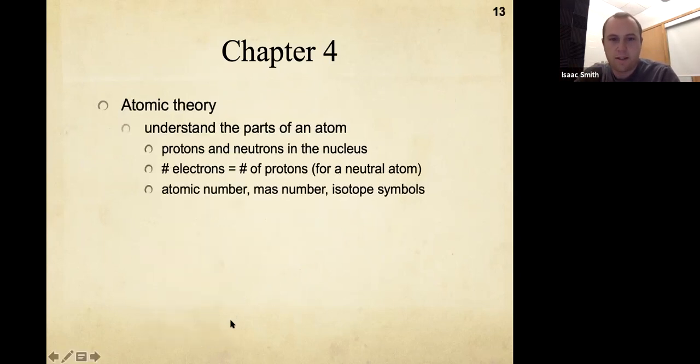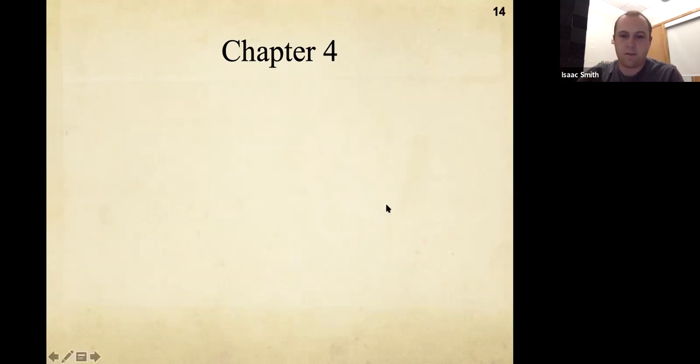Okay, so atomic theory. Be able to look at an element given an atomic number and a mass and identify how many protons and neutrons are in the nucleus. Also, with a given number of protons, you should be able to know the number of electrons if it's a neutral atom. So know atomic number, mass number, and the different isotope symbols.